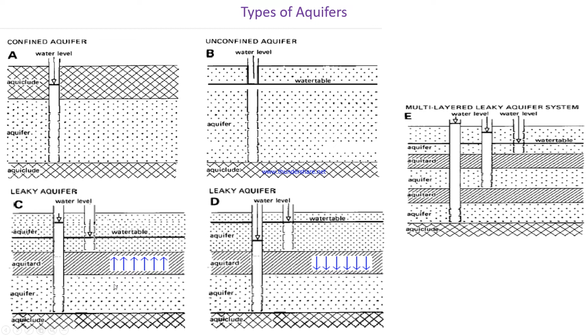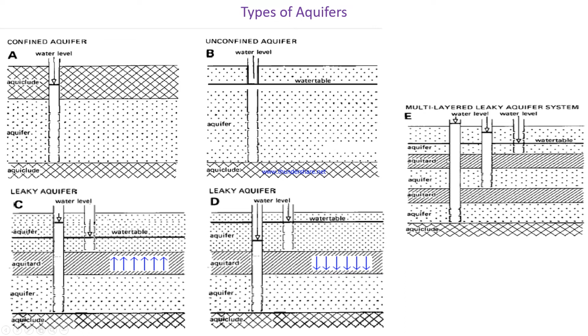So the water is rising like this, there is some sort of leakage from this aquifer to this aquifer upwards. When the water level in the confined aquifer is low compared to the water table in the unconfined aquifer, some leakage will happen from this aquifer to this aquifer.